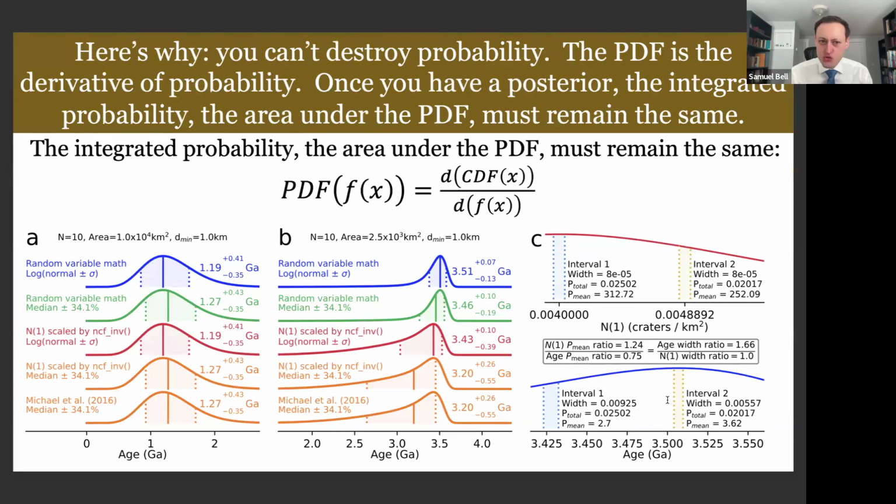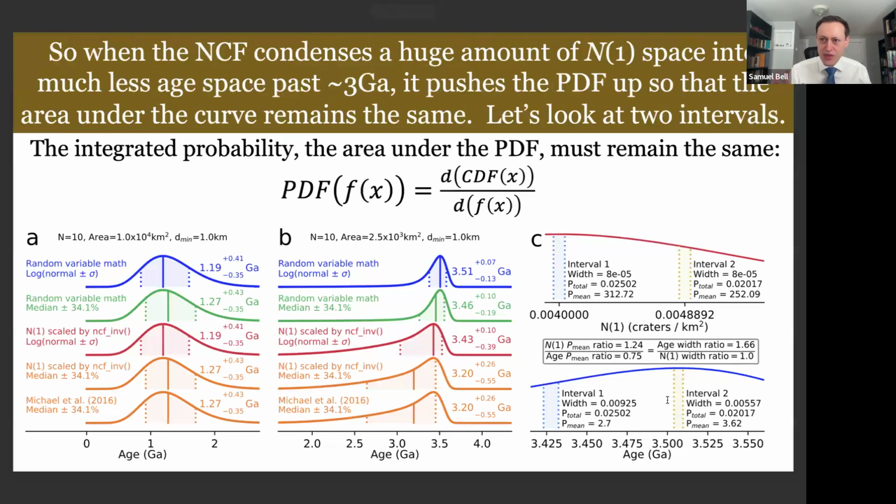Here's why you cannot destroy probability. The PDF is the derivative of probability. Once you have a posterior, the integrated probability, the area under the PDF must remain the same. So when the NCF condenses a huge amount of n of 1 space into much less age space past 3 billion years ago, it pushes the PDF up so that the area under the curve remains the same.